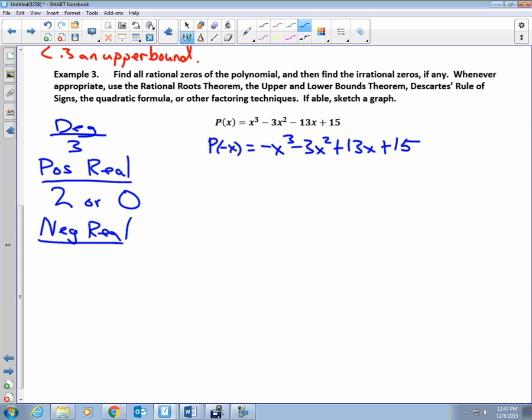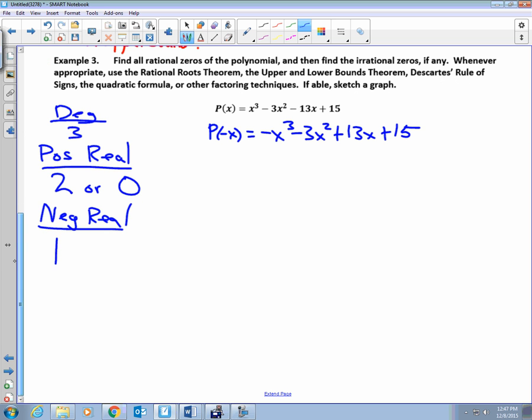The exponent is even, so it stays the same. How many sign changes there? 1. Now you can't subtract 2 and go down to negative 1. So we're guaranteed there's one negative real. This for sure crosses on the negative side of the x-axis. It must.